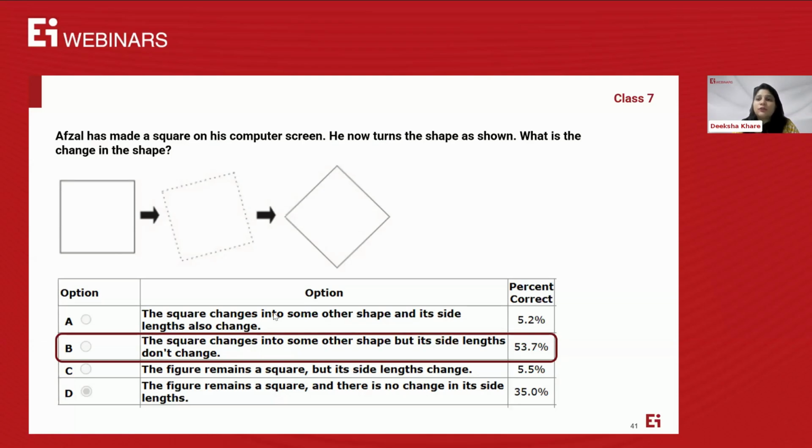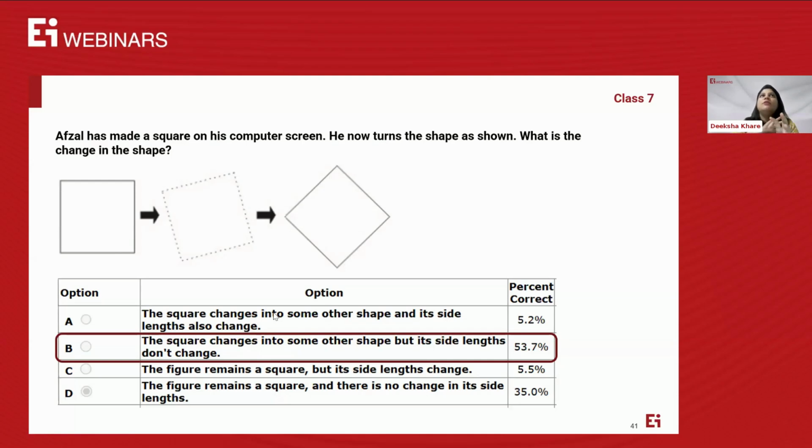But 53.7% students have gone for option B. And what is it? The square changes into some other shape, but its side lengths don't change. Now, what is happening here is students are not able to identify the shape based on the properties of the shape, but they're merely going by the visual change or visual recognition.